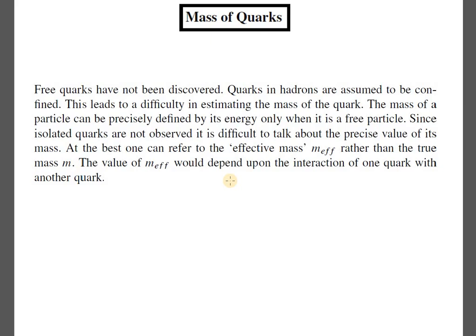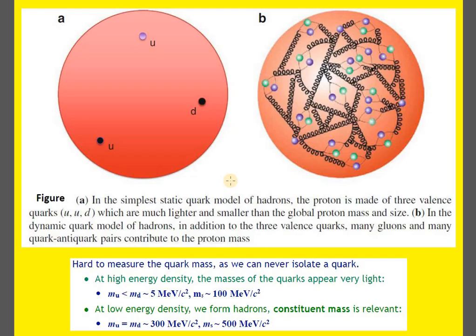The answer is no. And why is it so? You see, what we are talking about right now is the simplest possible model of hadrons made up of quarks which do not interact with each other.